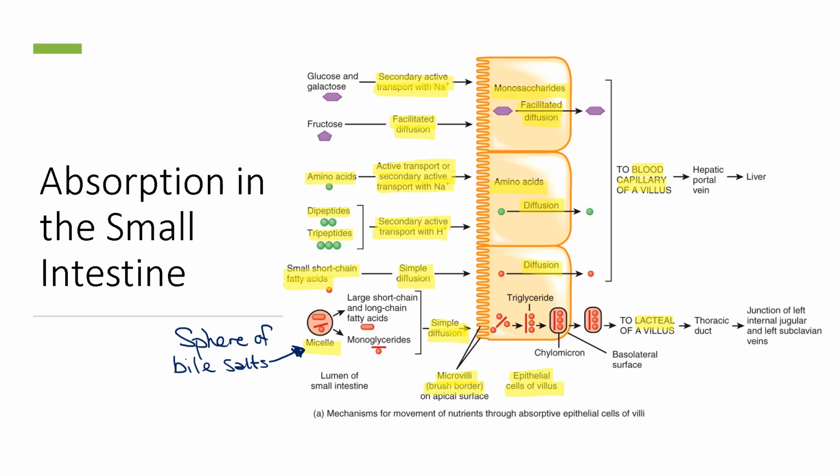So these are those triglycerides here. These really large or long-chain fatty acids are not able to diffuse into the absorptive cells by themselves. They have to have this sphere of bile salts, this micelle, around them in order to do so.